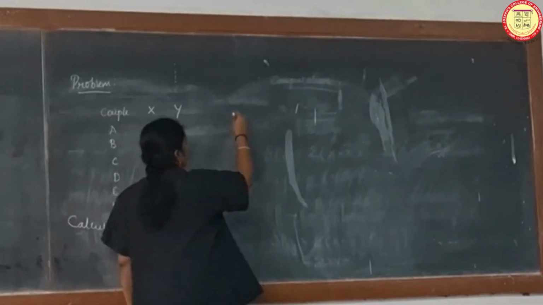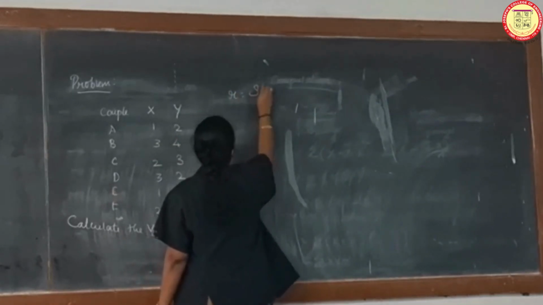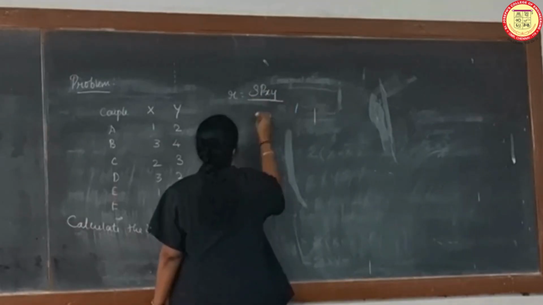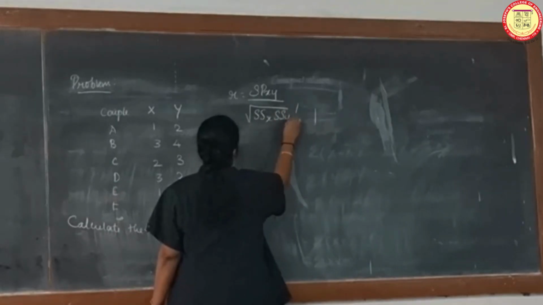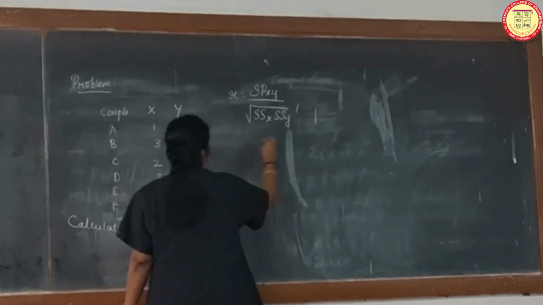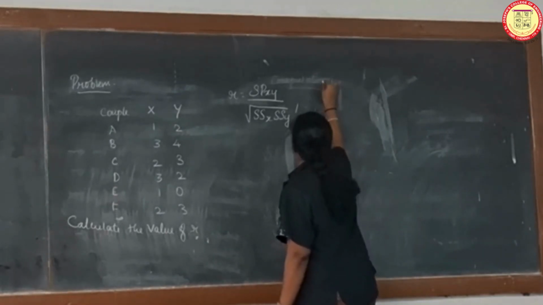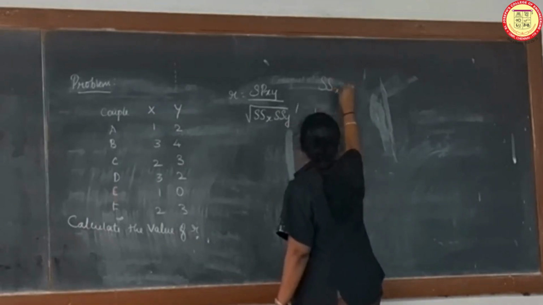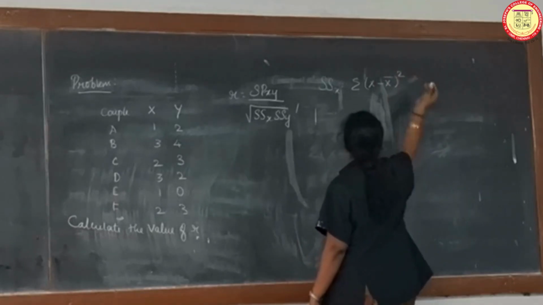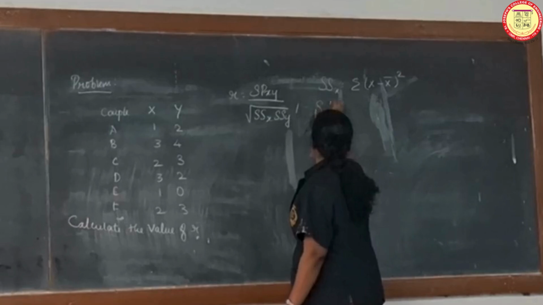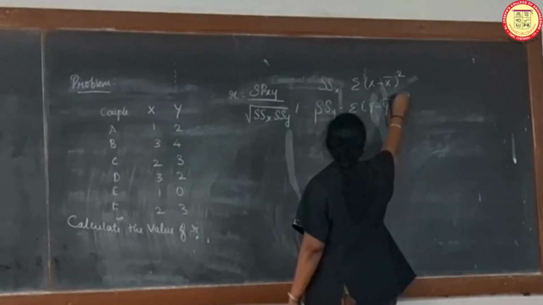The computation formula for calculating the correlation coefficient R is equal to SPXY divided by the root of SSX times SSY. We already know how to calculate SSX as well as SSY. SSX is equal to summation x minus x bar the whole square, and SSY is equal to summation y minus y bar the whole square.